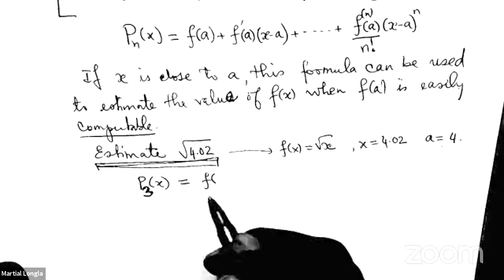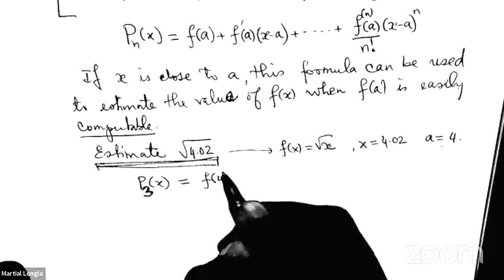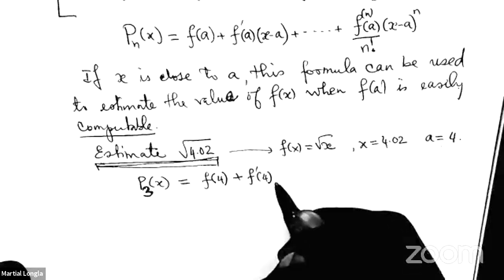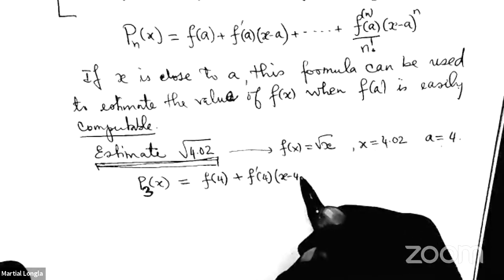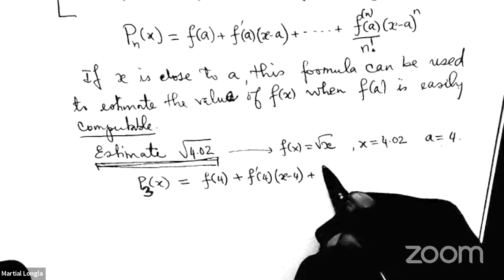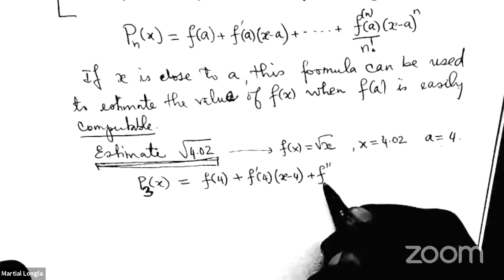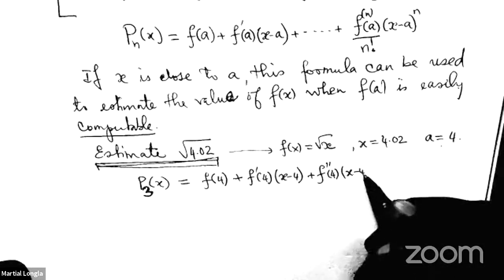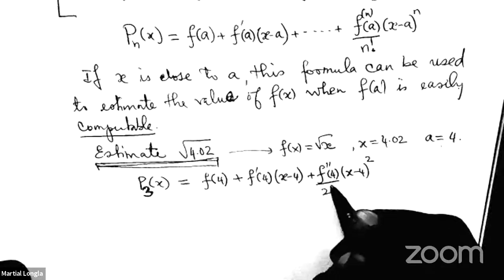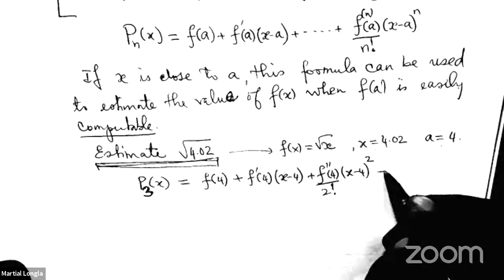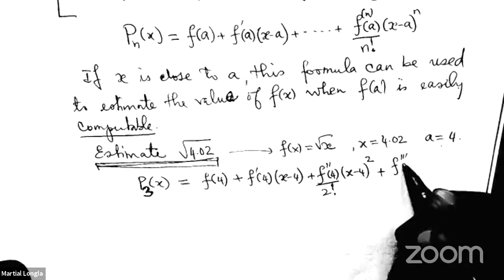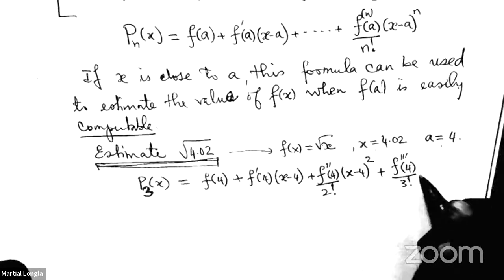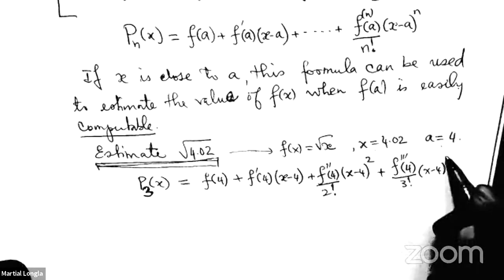So P3 of x is equal to f of 4, because that's a, plus f prime of 4 times x minus 4, plus second derivative at 4 times x minus 4 squared over 2 factorial, plus third derivative at 4 over 3 factorial times x minus 4 cubed.